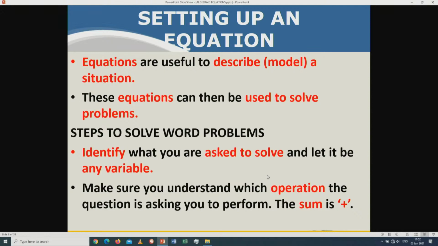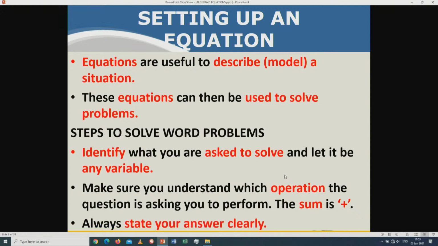If the question states the quotient, then we are going to divide to get the answer. And lastly, the product. If the question talks about the product, that is multiplication, we are going to multiply. All right. So we need to have that understanding before we can actually set up an equation from the situation.